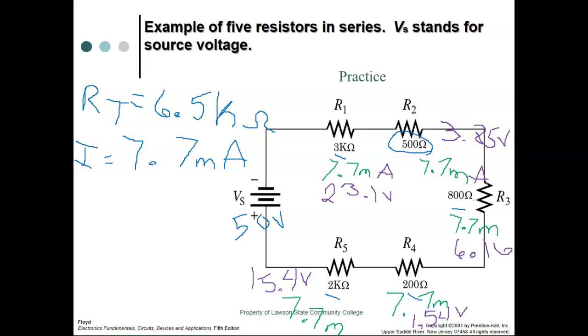So in this case, that is 23.1, 3.85, 6.16, 1.54, and 15.4.